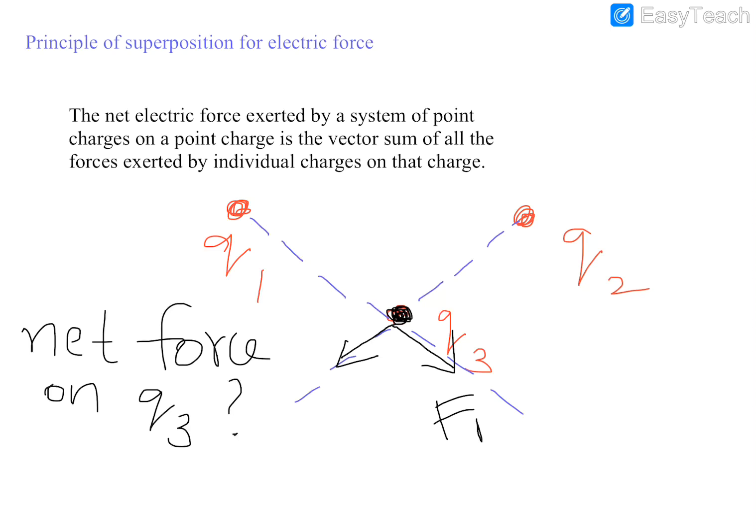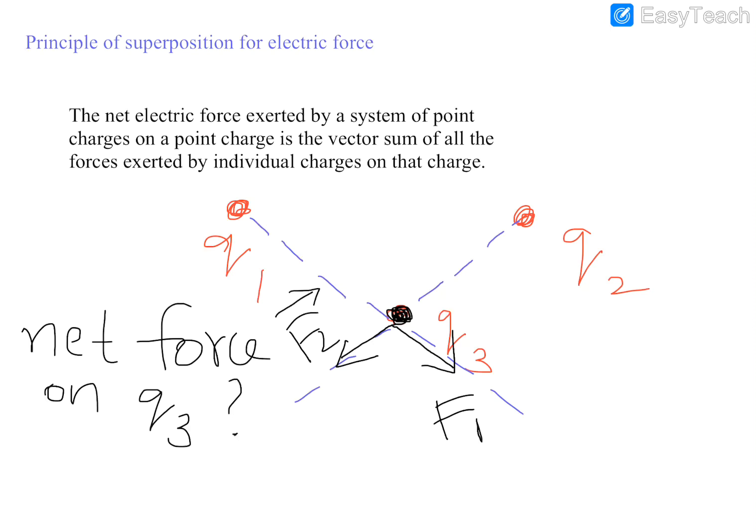Attractive means it will be towards the charge which is exerting that force. Here you can see the arrow is moving away from Q2. If it were moving the other way, towards Q2, that would be for an attractive force. Here the arrow is moving away from Q2 because it is a repulsive force. Now you can see there are two forces acting, and this second force, exerted by Q2, is called F2.